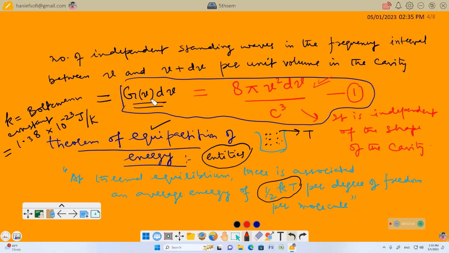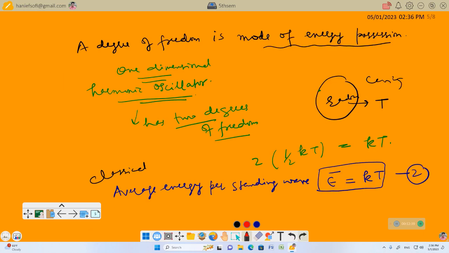the expression for G d nu is okay. Even now, there is no issue with this expression, the number of independent standing waves in the frequency interval from nu to nu plus d nu per unit volume. There is no issue with it. But the issue was with this average energy per standing wave.